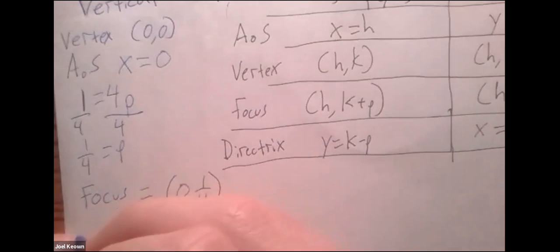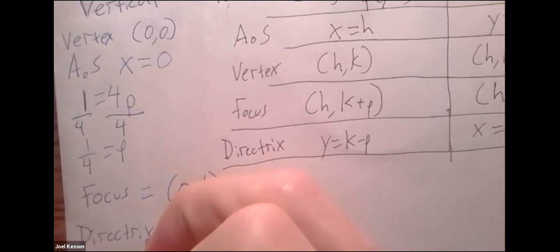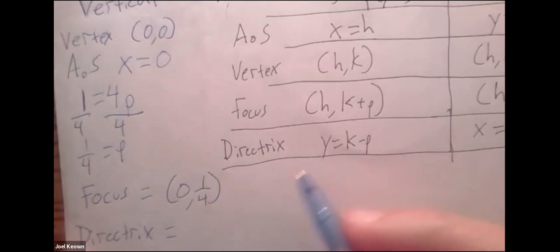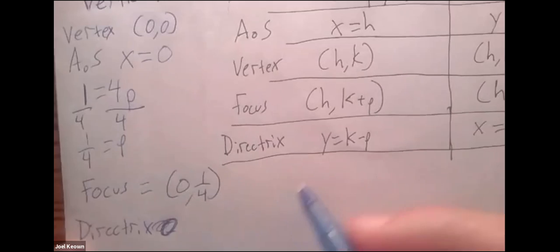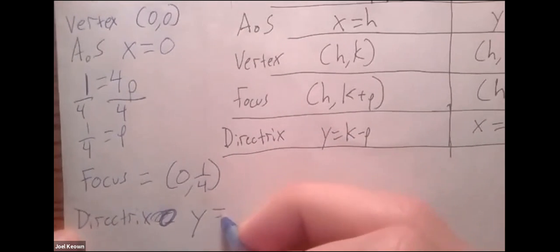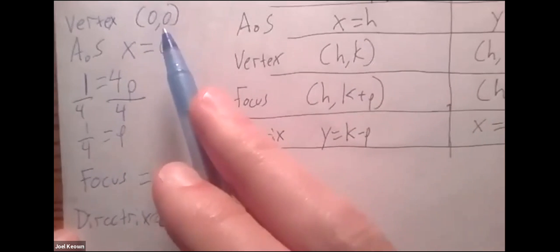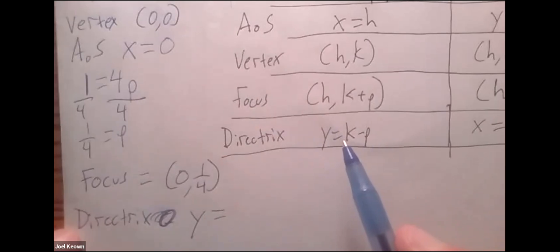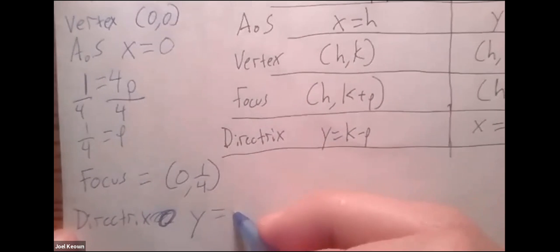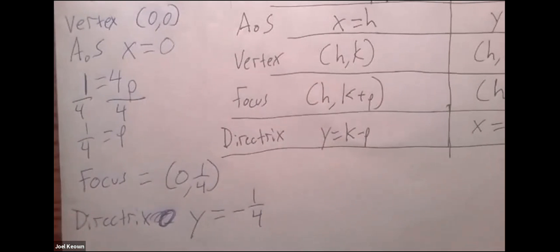And then it says directrix is, I should put an equal sign there, sorry. My directrix is y equals k, which is 0, minus p. Well, 0 minus 1/4 is negative 1/4.